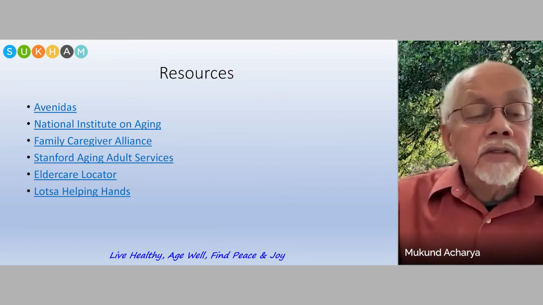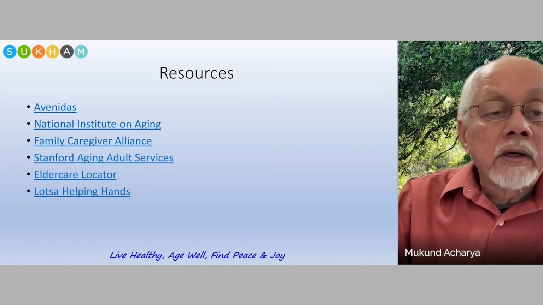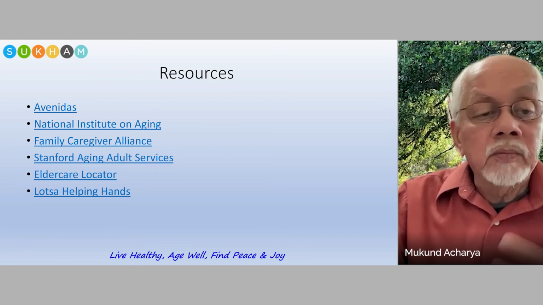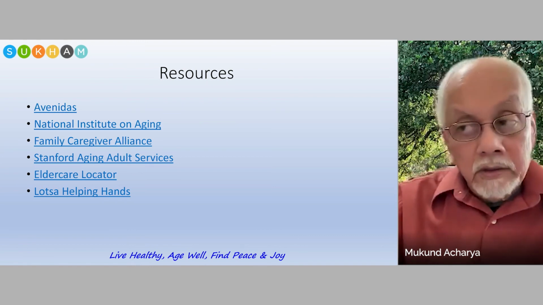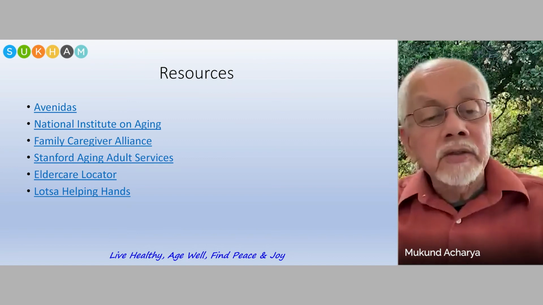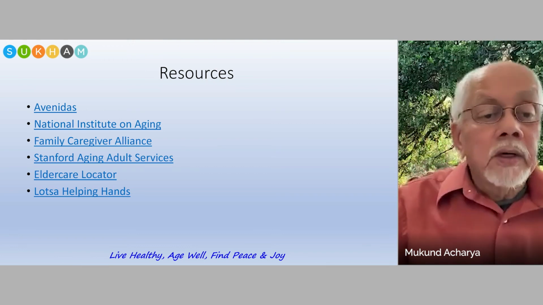Here are some links that have resources on elder care. Avenidas is a local organization in the Bay Area that has a number of excellent resources. The National Institute of Aging is a federal government institution that has some excellent resources.